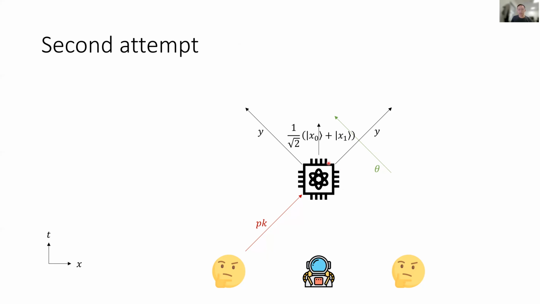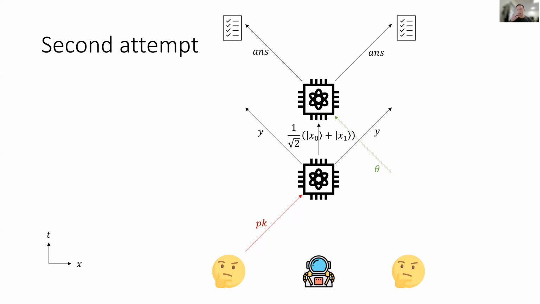So the prover is going to receive the red message first, and then he is going to prepare this state and then report y as before. And then upon receiving theta, he is then going to measure the post-measurement state in the correct basis. So at the end, they are going to check the measurement result.